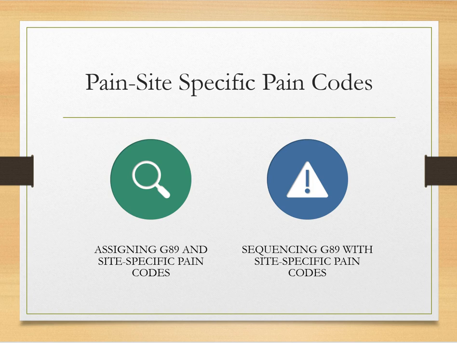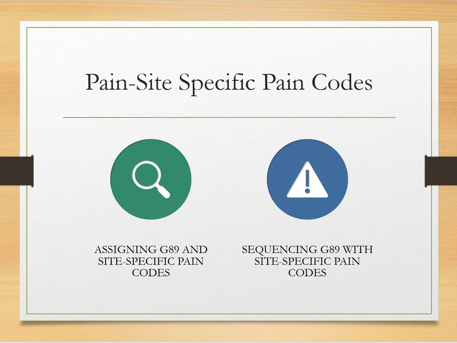Another example could be a patient that has acute pain due to trauma, and maybe the pain is in the neck. And so you would use G89.11, which shows acute pain due to trauma. And then if the pain was in the neck, you can use M54.2, as that actually identifies the site of the pain.